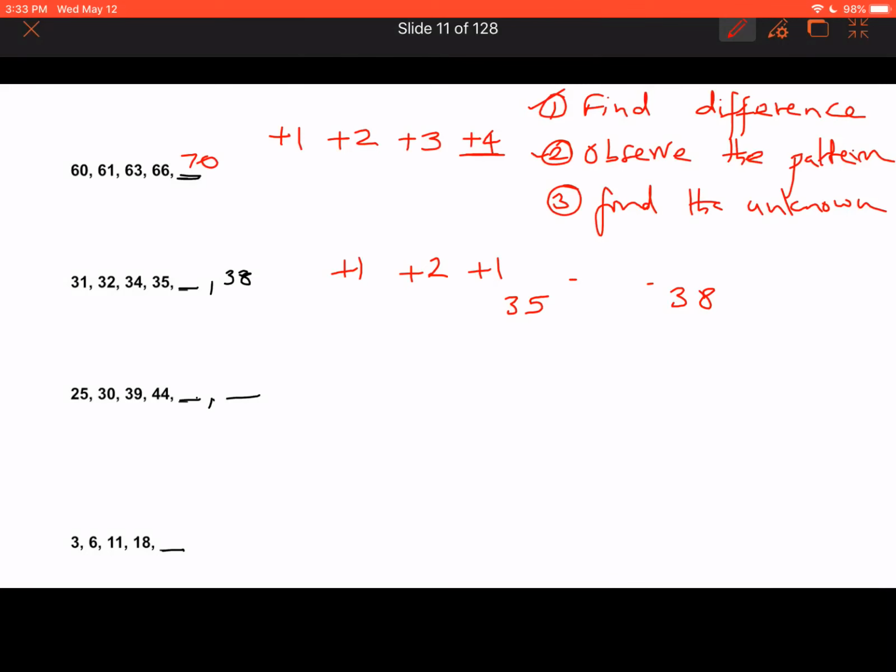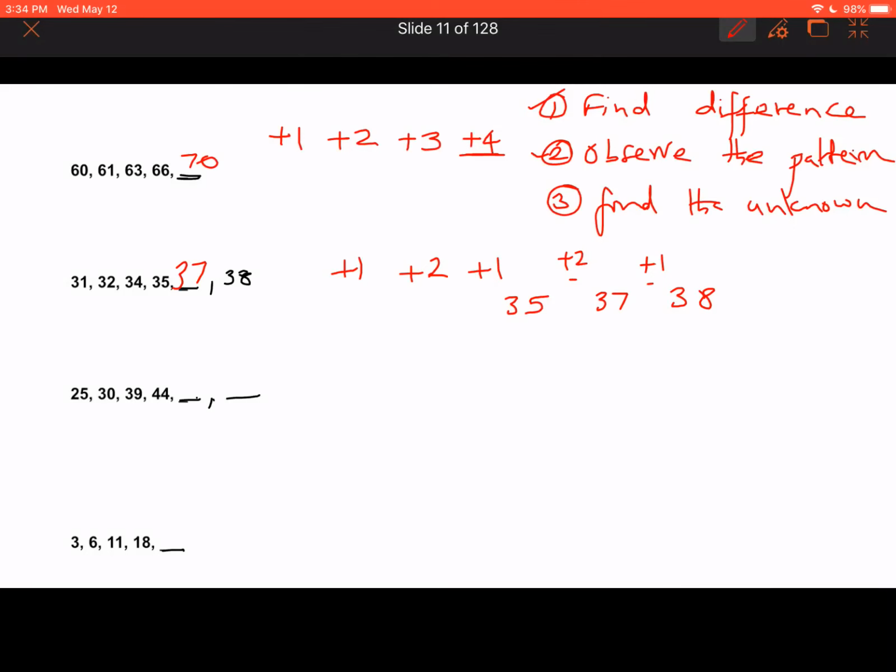So I follow the pattern 1, 2 and 1. So I am adding plus 2 and then plus 1 and checking whether it gets 38. So 35 plus 2 is 37, 37 plus 1 is 38. So whatever I guessed regarding the pattern in the sequence is correct. So the answer is going to be 37.